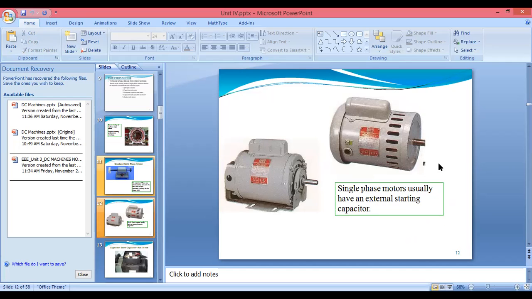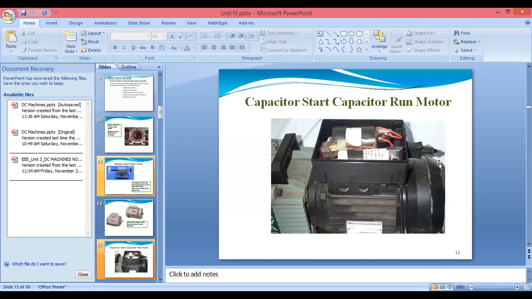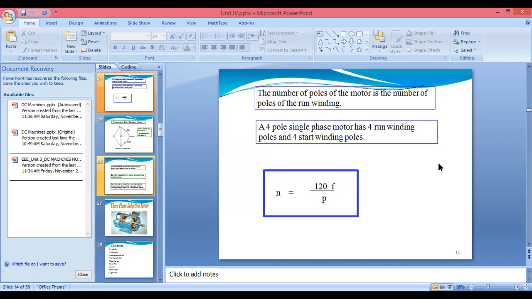Now, a single phase motor with an external starting capacitor, at that time we can say that type of motor is the capacitor run motor. This type of motor will look like this. If we are supposed to study the speed, the number of poles of the motor is defined as the number of poles on the run winding.